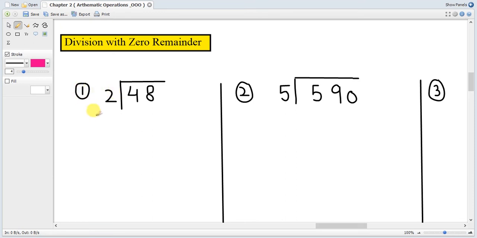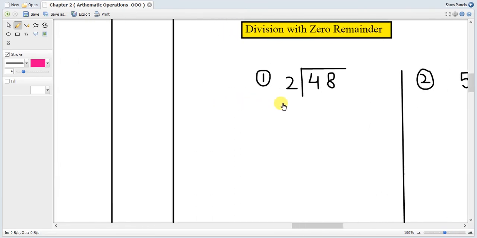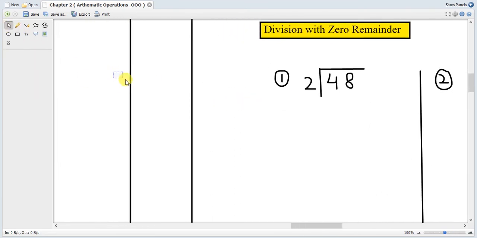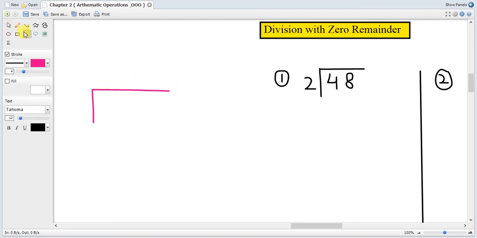Before going to solve this question, let me tell you the names of the positions in which these values have been placed. Now this is called the square root sign, right?